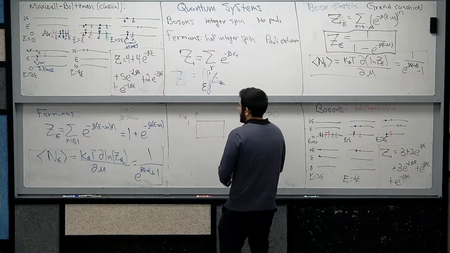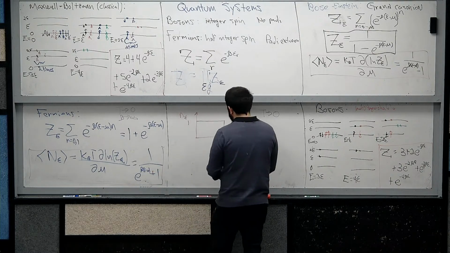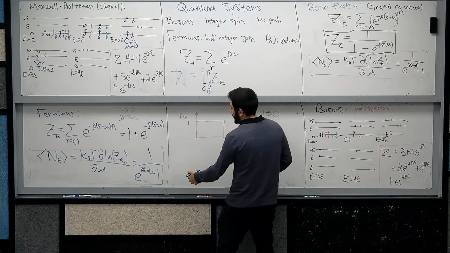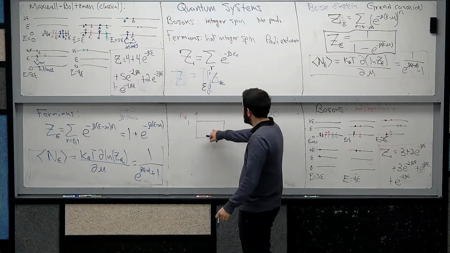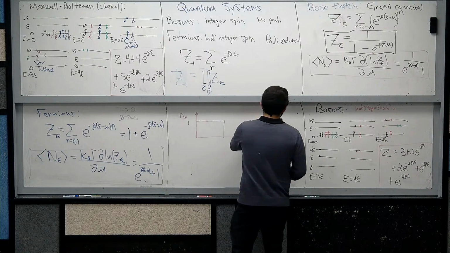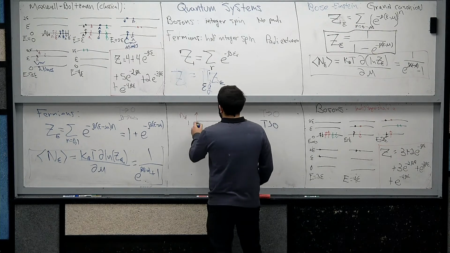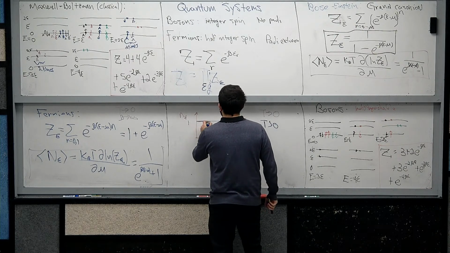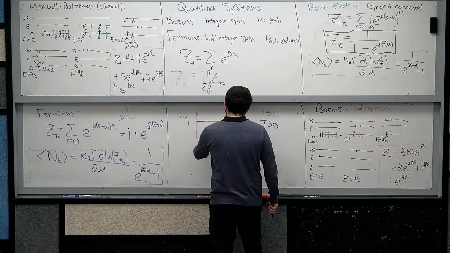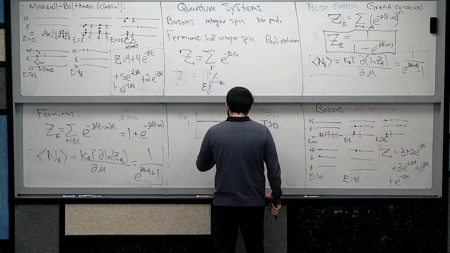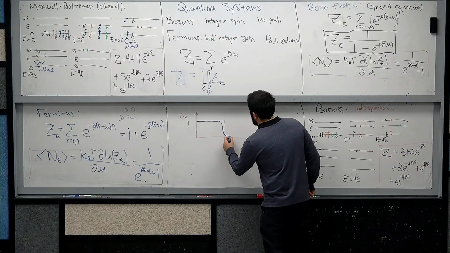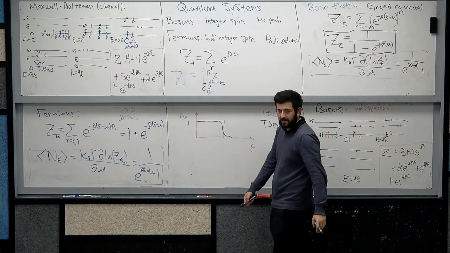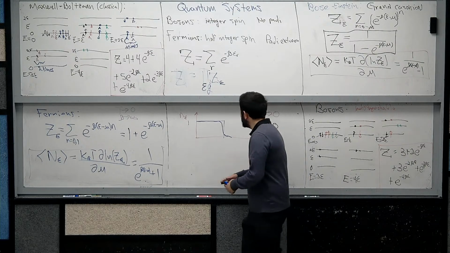But the thing is that as you increase temperature, this is a step function when T is 0, but for T bigger than 0, what will you do? You will have something very similar, but with some smoothness on the curve. Okay?